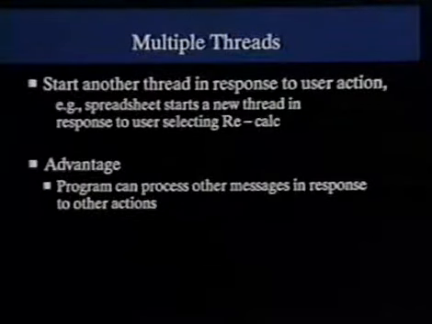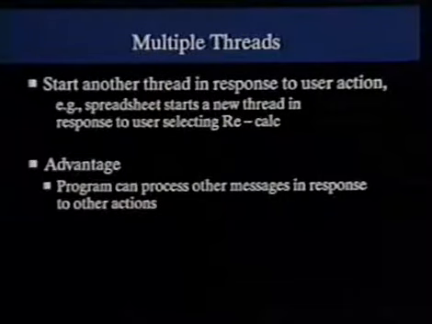So for example, if you were running a spreadsheet, and the user decides it's time to do a recalculation, chooses recalc from one of the menu items, and clicks on that menu item, and a message gets sent to the application, to the spreadsheet application.